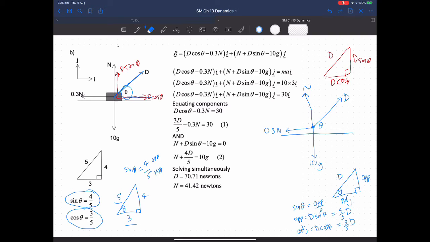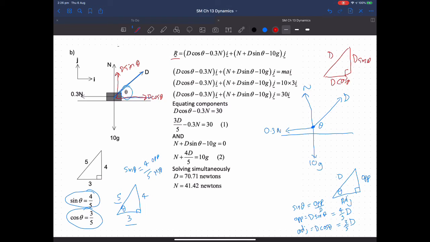I was going to draw this now on my previous example, so how do we go about solving this question? The first thing I'm going to do is look at the resultant forces. The resultant forces I'm representing as vector R. Firstly, we have the forces operating horizontally.